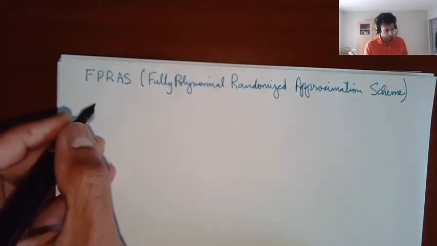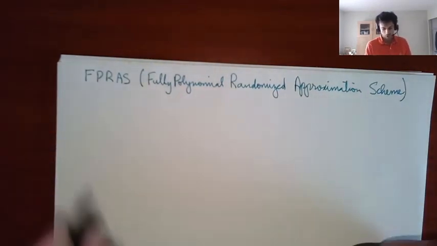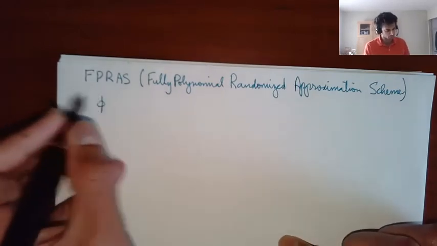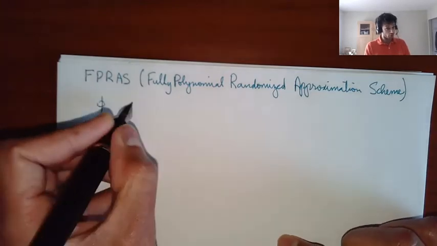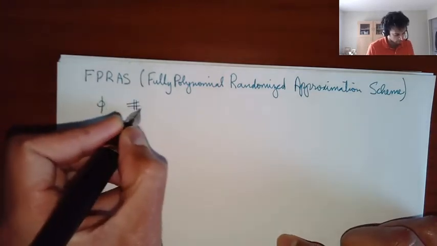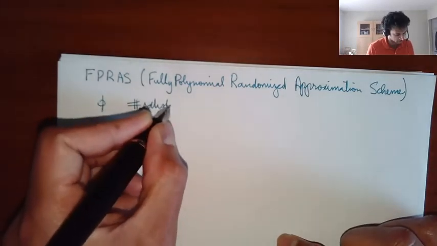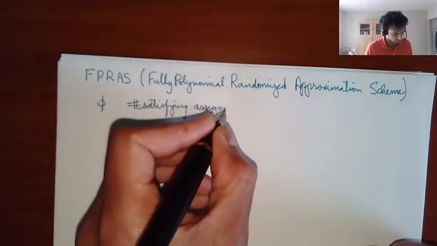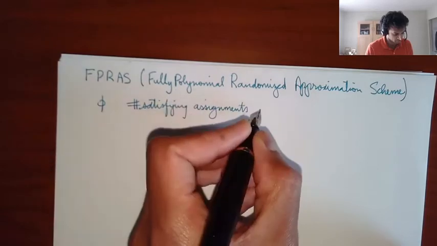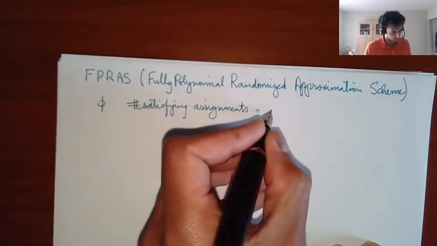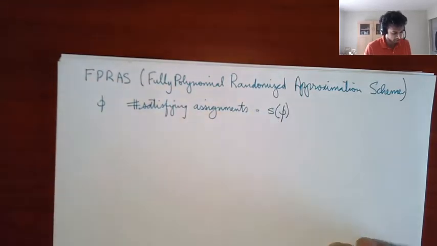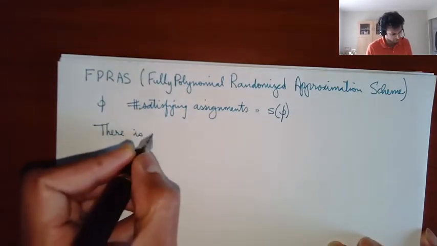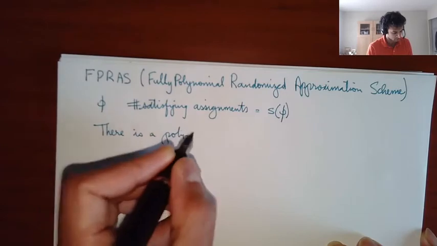What this means is, let's just say that phi is your formula. Let's say that the number of satisfying assignments I will refer to as S of phi. So there is a polynomial time algorithm.